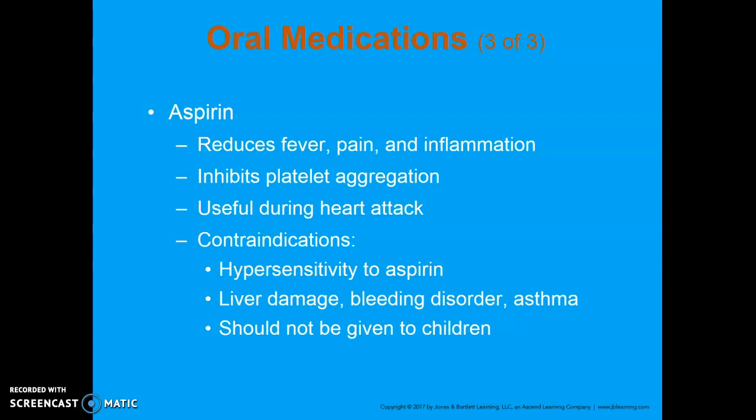And it is filtered by the liver and changed into something that the body can actually use. So if your liver's not working, the medication's not going to do what it's supposed to. And we do not give aspirin to children. It can cause a condition known as Reye's syndrome. No, we just don't do it.